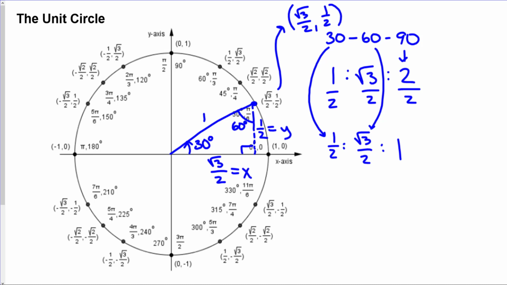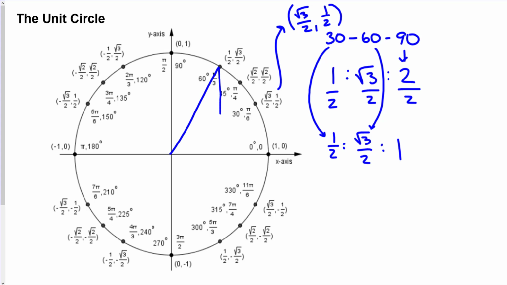You can make a very similar argument for the 60 degree angle measure. All you would have to do is just reverse things. So the radius is 1. The angle measure here is 60. So the side length that's opposite 60, as we discovered, is square root of 3 over 2.